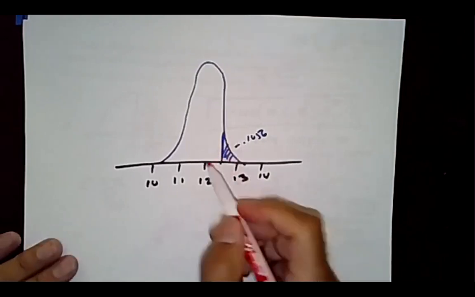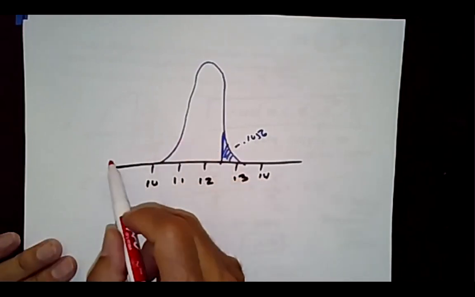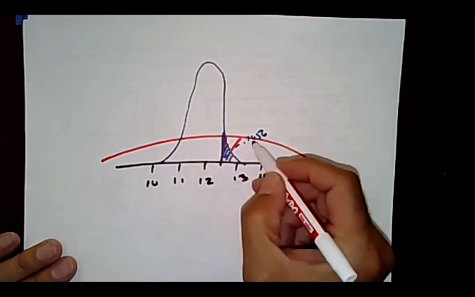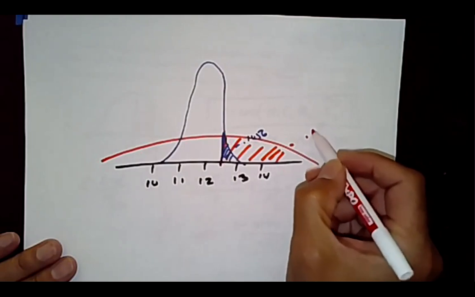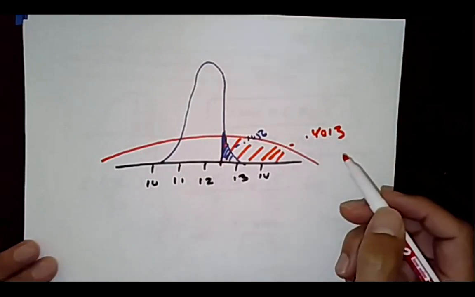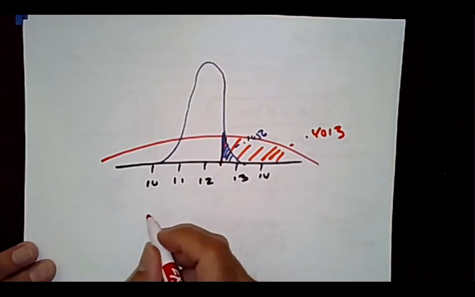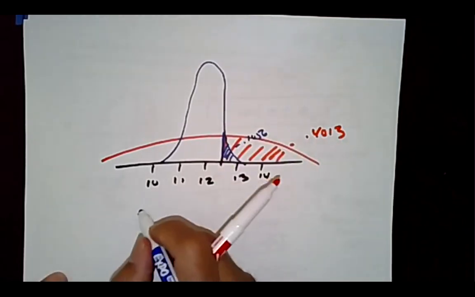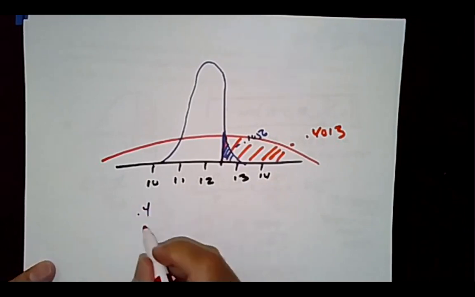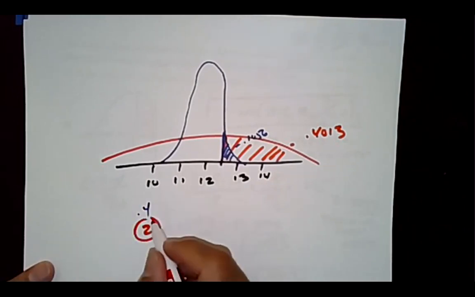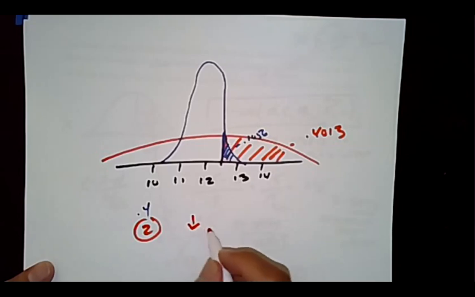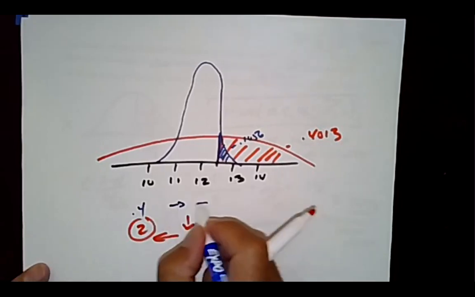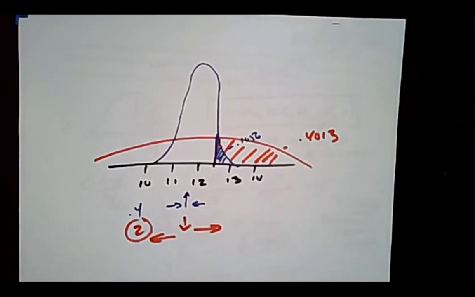With the second one, 0.4013. So again, the standard error for the blue one is 0.4. For the red one is 2. This is larger, so it is squatter and wider. 0.4 is narrower and taller.